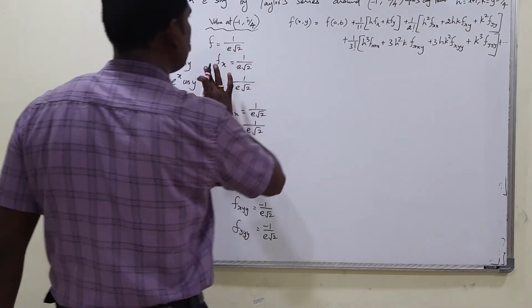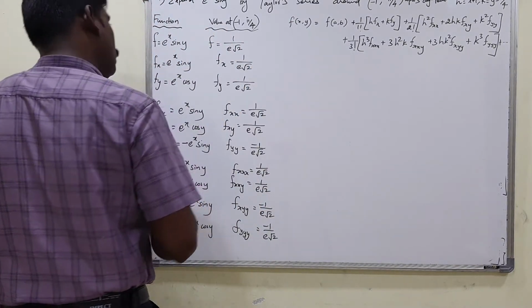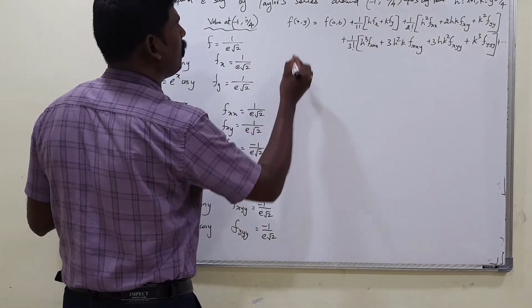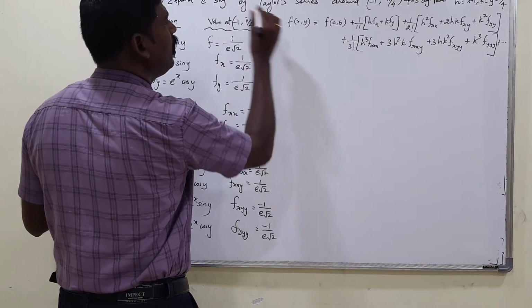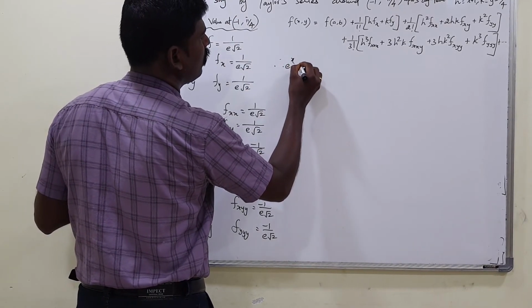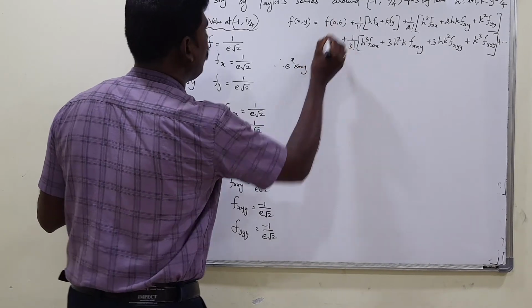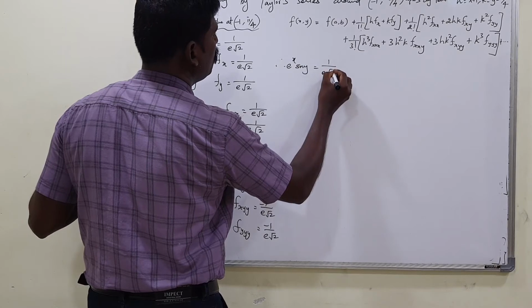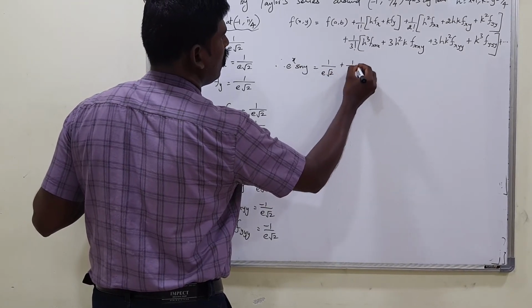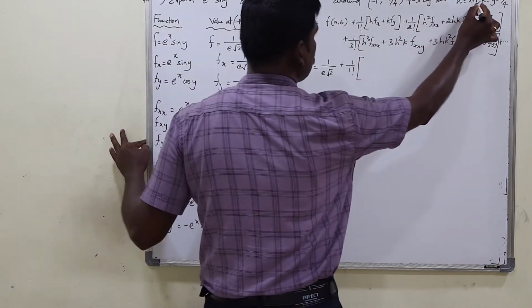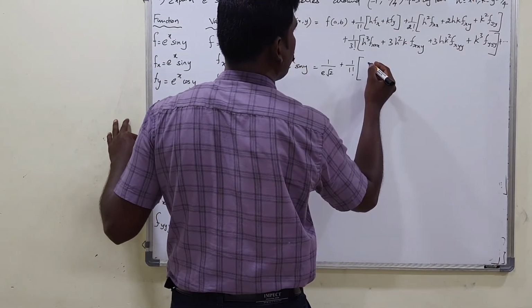Okay, right now I substitute all the values here to get the Taylor series expansion of this function at minus 1 comma pi by 4. What is f of x comma y? e power x sin y, isn't it? So e power x sin y is equal to, what is f at a comma b? 1 by e into root 2, isn't it? Plus 1 by 1 factorial into, what is h? h is x plus 1, k is y minus pi by 4.